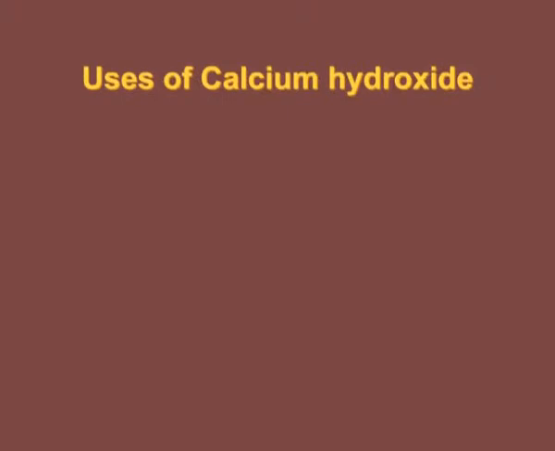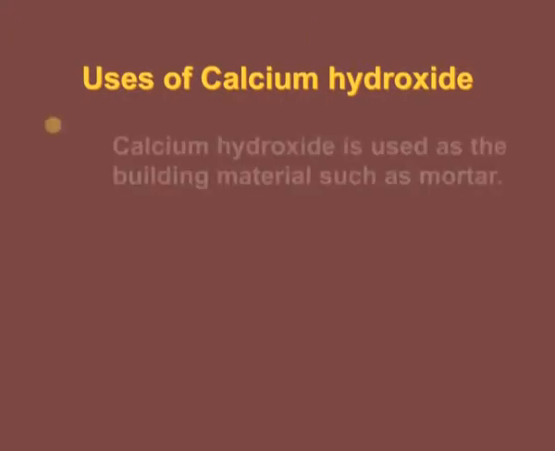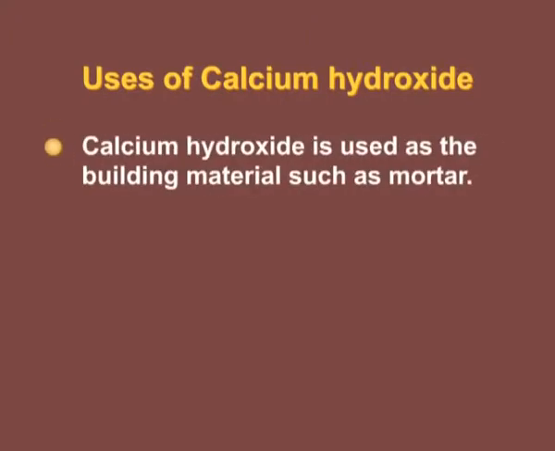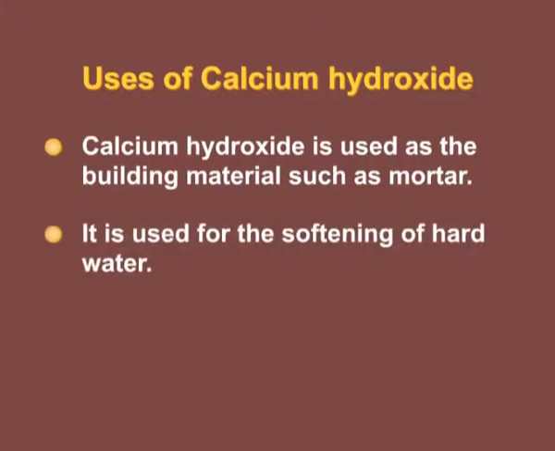Let us now learn about uses of calcium hydroxide. Calcium hydroxide is used as the building material such as mortar. It is used for the softening of hard water.